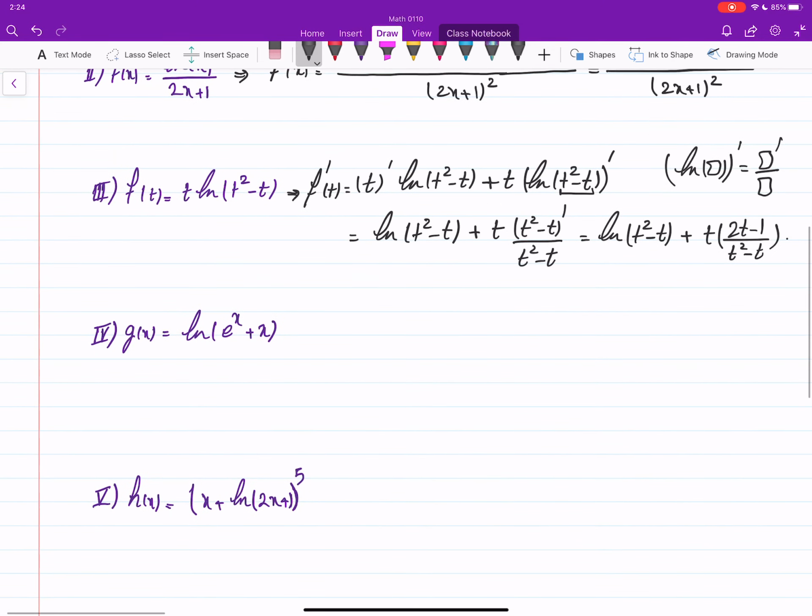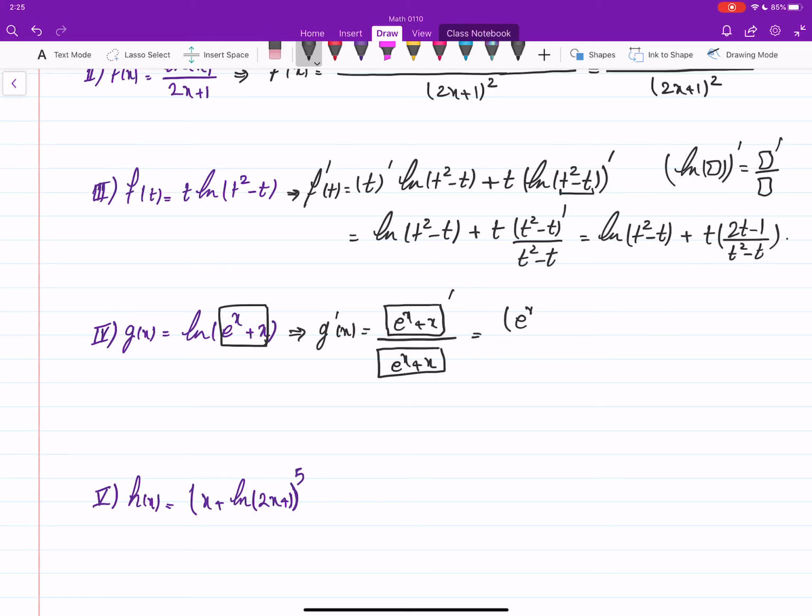This other one, ln of e to the power x plus x. So we are differentiating ln of something. This will be derivative of that something over the something itself. Well, the something here is e to the x plus x, and we have this.